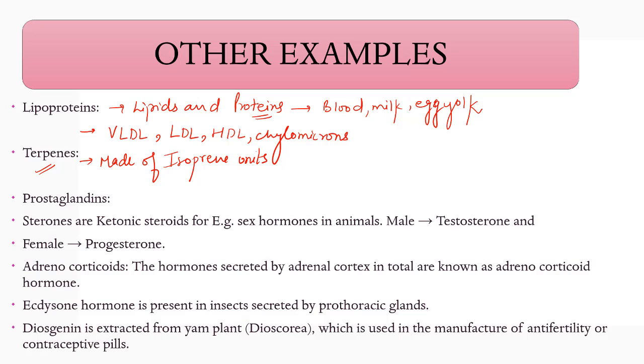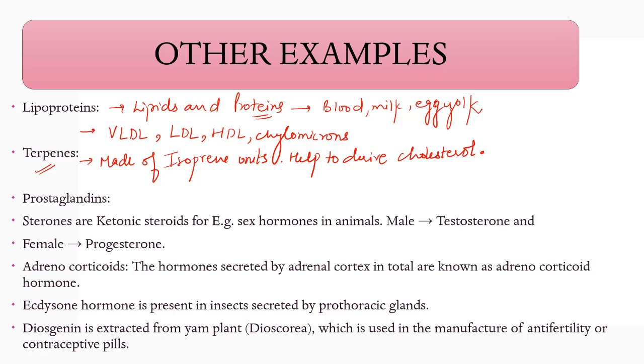Steroids like cholesterol are also derived from terpenes. Essential oils of plants are also terpenes: camphor, menthol, gibberellins. Vitamin A, E, K are all terpenes.